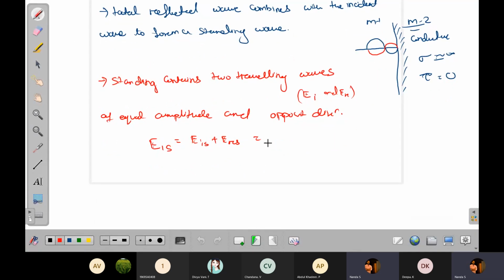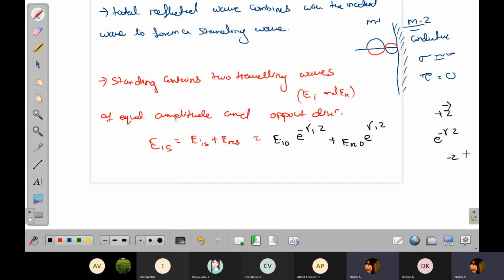So I can write that equals EI0 e to the power minus gamma 1 z. Why gamma 1? Because it is in medium 1. And ER0 e to the power gamma 1 z. Our actual direction is plus z direction, so by the convention of the derivation we consider e to the power minus gamma z.